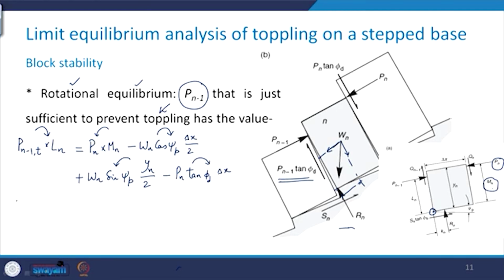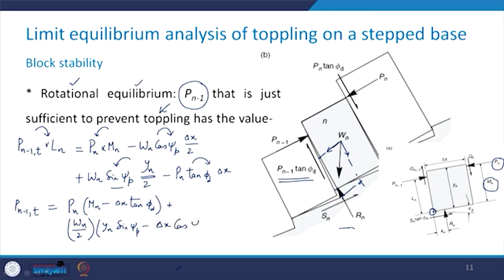So you can write Pn minus 1 comma t is equal to Pn into (mn minus delta x tan of phi d) plus Wn upon 2 multiplied by (yn sin psi p minus delta x cos of psi p), the whole thing in a box bracket and divided by Ln.